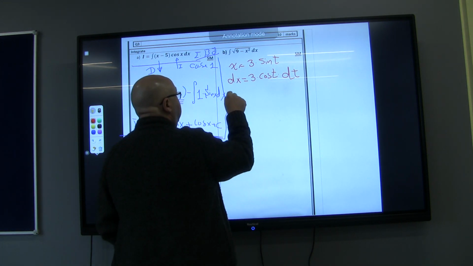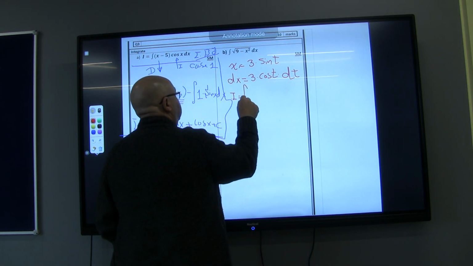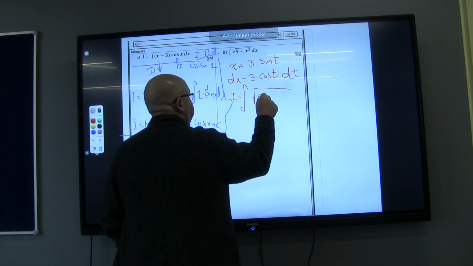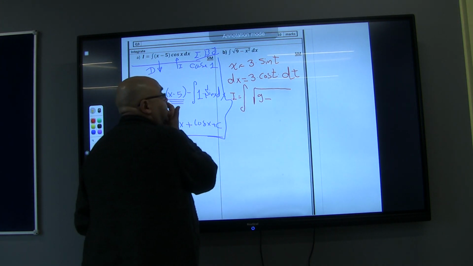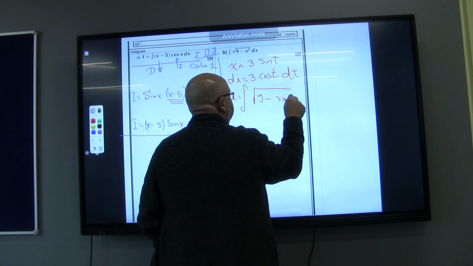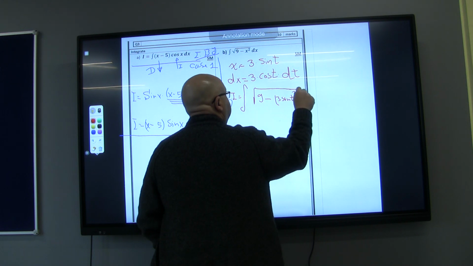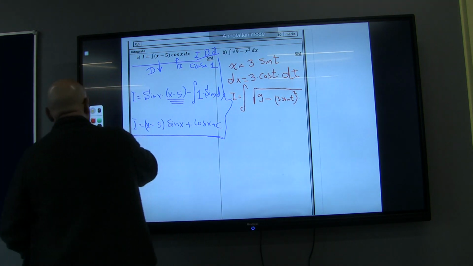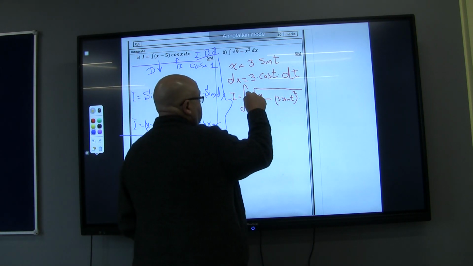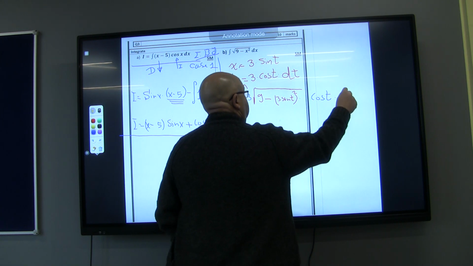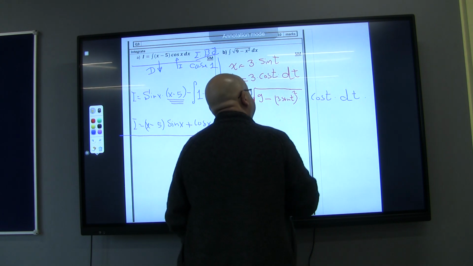Start substituting. That's I. We're going to equal the integral of the root of 9 minus, replacing x by 3 sine t, which is going to be (3 sine t) squared, times, instead of having dx, we will have 3 cosine t times dt.